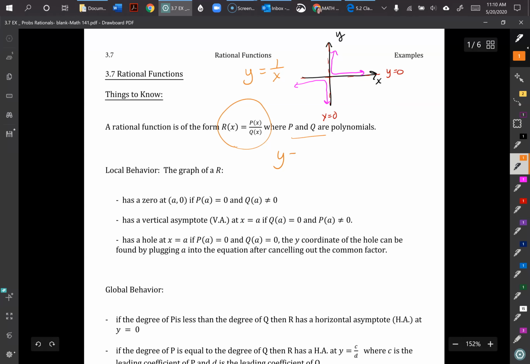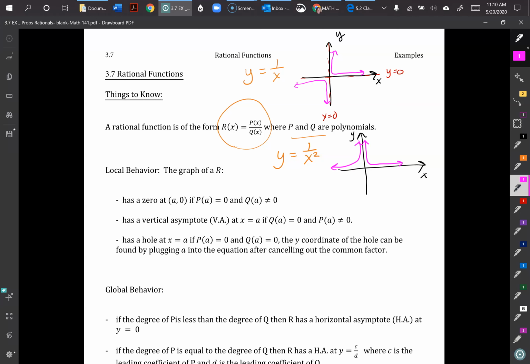Now if I have y equals 1 over x squared, like we saw in the textbook, but this is just a really streamlined version here, we have this situation. So it kind of reflects over the y-axis there. Its vertical asymptote is... again, horizontal asymptote is x equals, oops, I think I just reversed those.